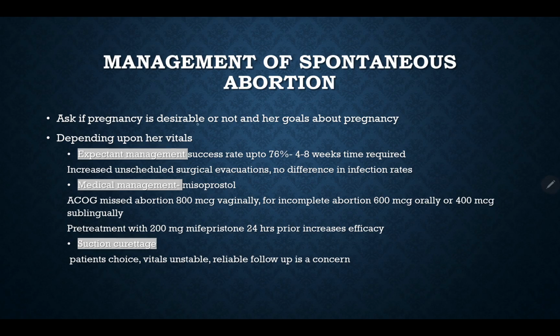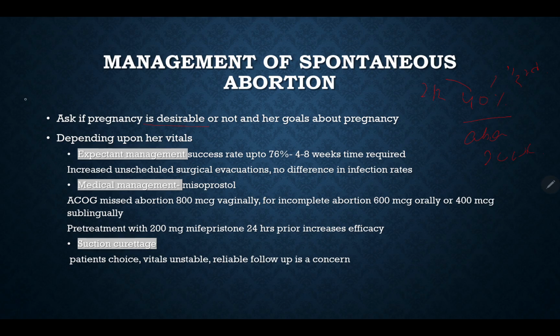Now coming to management of spontaneous abortion, first of all you have to understand whether the pregnancy is desirable or not. We have already seen that of the 40% women who abort before 20 weeks gestation, 2/3 are spontaneous and 1/3 are induced. Sometimes a woman induces herself by any means. So first of all you must ask whether the pregnancy is desirable or not.